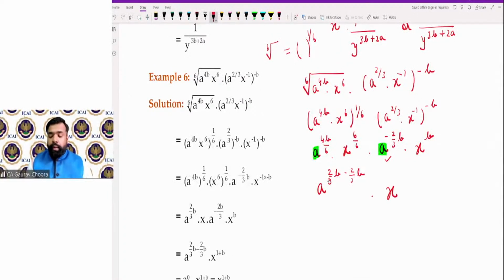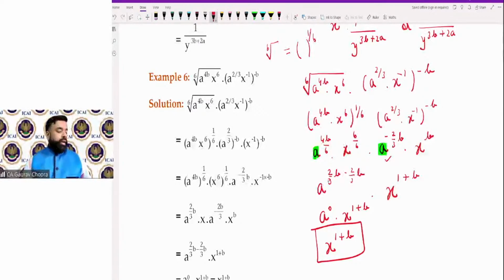Then x to the power of 6 by 6 becomes 1 and other power is b. So finally it becomes a to the power of 0 and x to the power of 1 plus b. So anything having power 0 becomes 1. So final result is x to the power of 1 plus b.